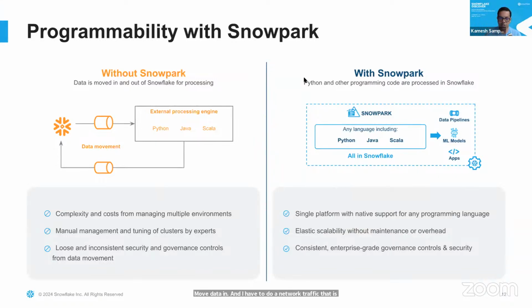That could mean latency within applications. And you need to have multiple processing engines, which will also add to your learning cost, your TCO, etc. When we talk about Snowpark, everything is executed within the sandbox that Snowflake gives you within your account, which means that data is not moving out, which means that the performance is going to be way higher than with your data moving in and out over the network.